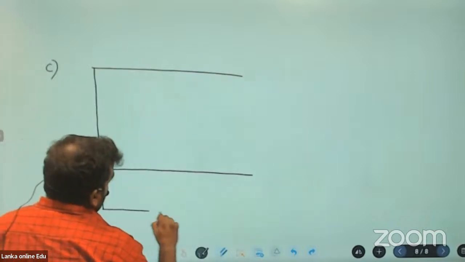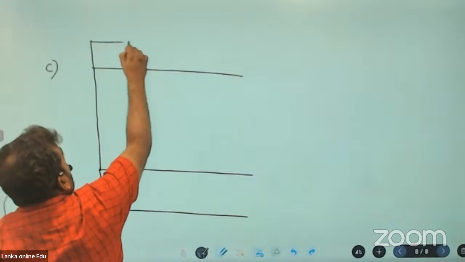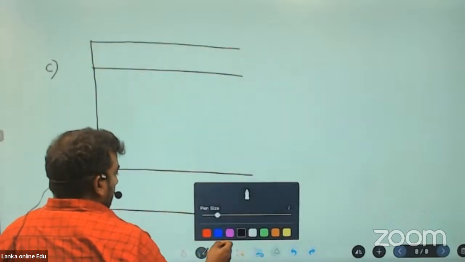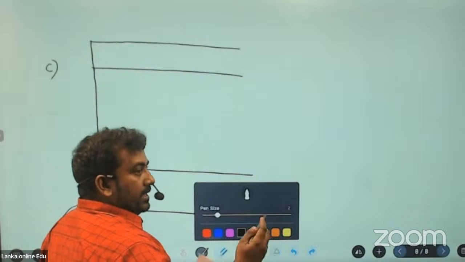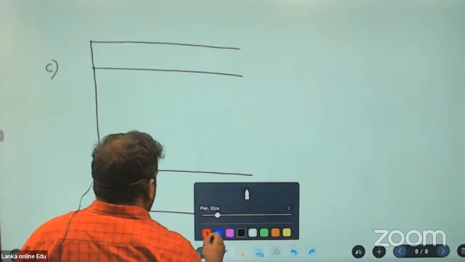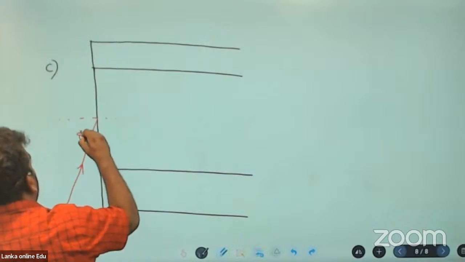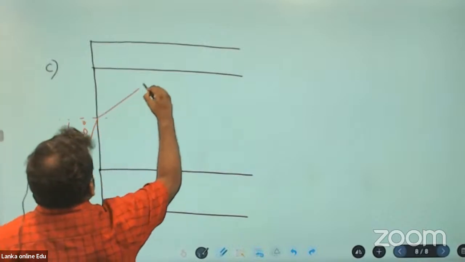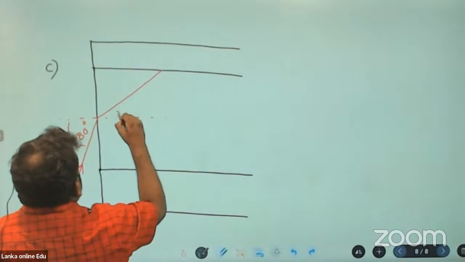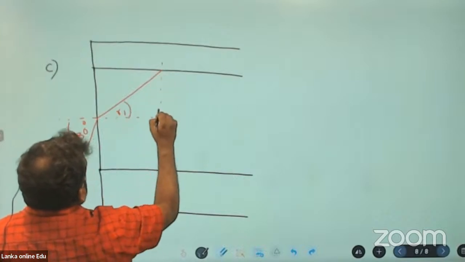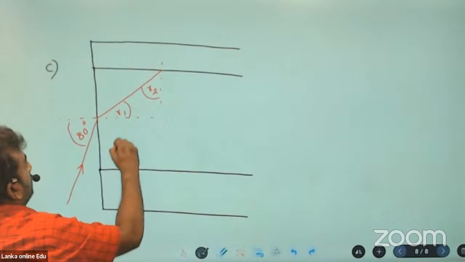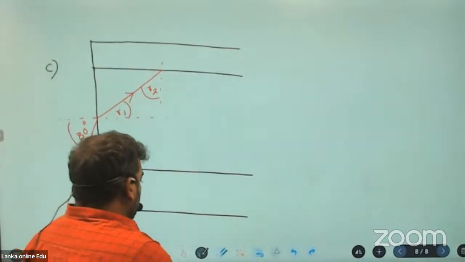The angle maximum is 20, and anything more than that will refract outside. So 80 here means here R1, here R2. Your job is to quickly find it.